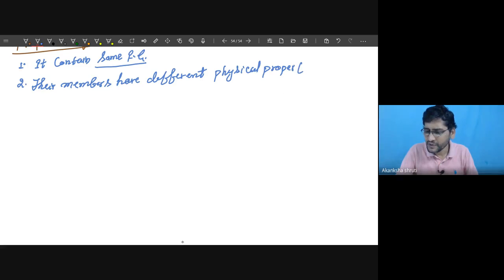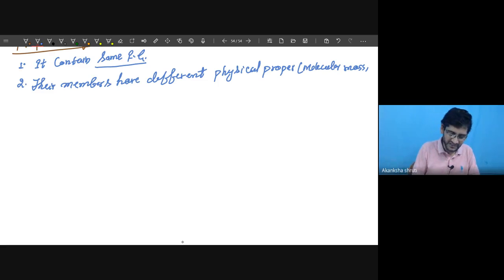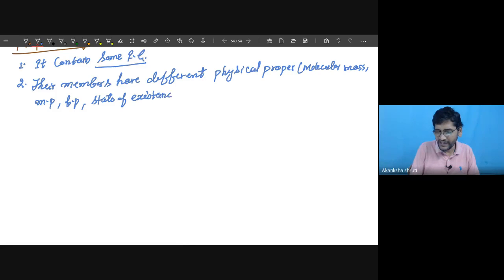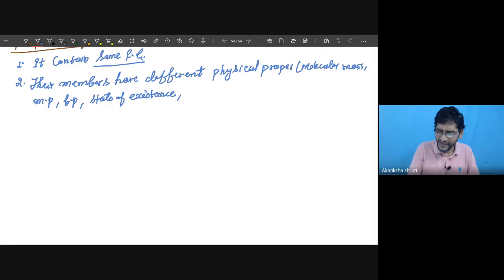What are these physical properties? Like their molecular mass, write in the bracket. Many times our students do not understand this. Their melting point, their boiling point, their state of existence, whether it exists as solid or liquid or gas, their density. Yes?